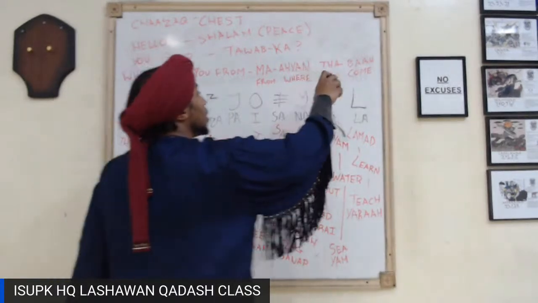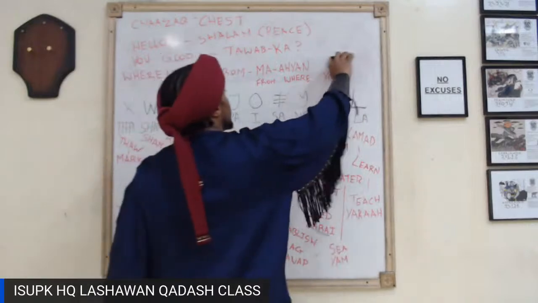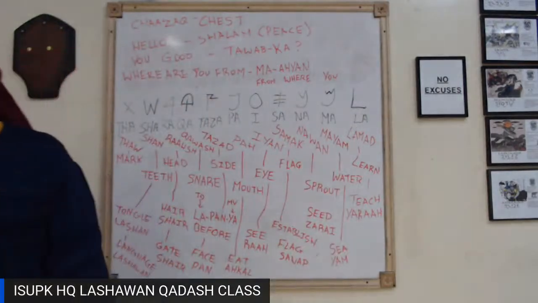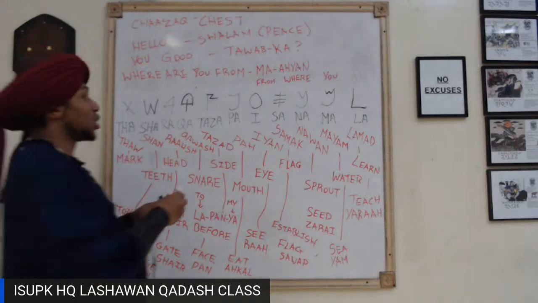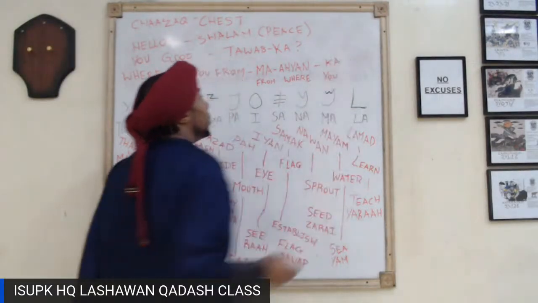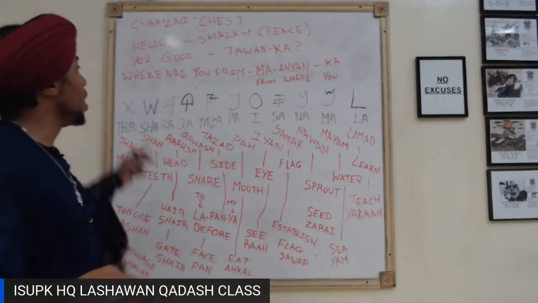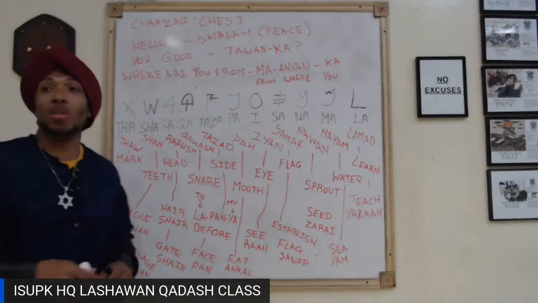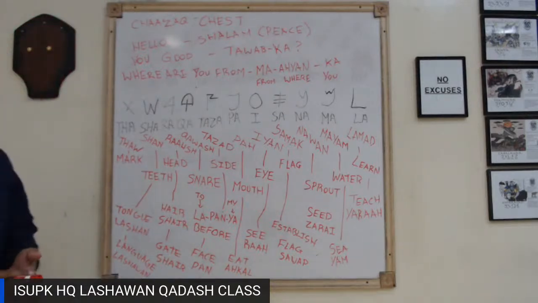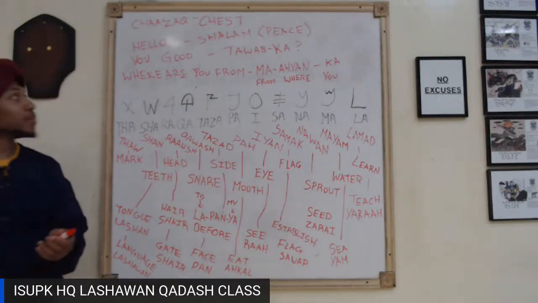It pretty much could say, where are you from? From where are you? Okay, so let's do the ka again. Ma'ayanka. Where you from? There we go. That should be it for now. All right, where you from? That's good.